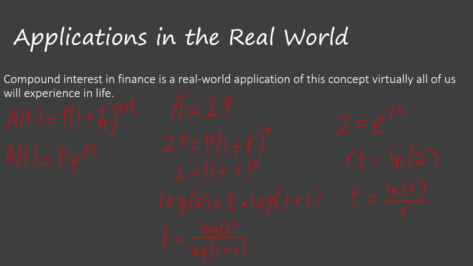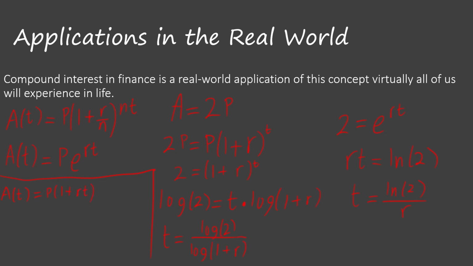And a good way to visualize exponentials in finance is to compare simple interest, where you only earn interest on the original principal, to compound interest, where you have exponential growth. So simple interest would have the formula A of t equals P(1 + rt).